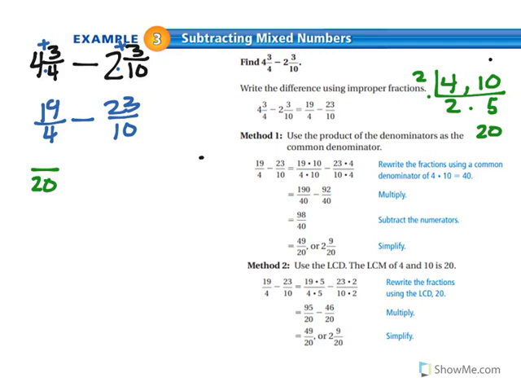Now, honestly, if you can look at 4 and 10 and you know what the LCM is just by looking, for these problems, I'm okay with you doing that. You don't have to do that work every time. However, if you're not quite sure, showing that work may help you, and it takes about 20 seconds to do, if that. It's up to you.